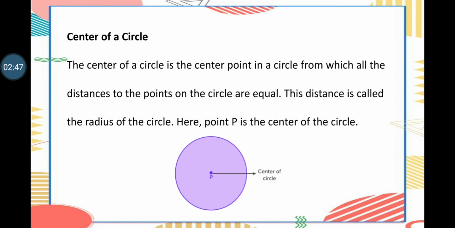Just to clarify, from the center point, the distance towards any edge of the circle will always be the same, and that distance is always called the radius of the circle. As in the picture you can see, the center of the circle is shown.